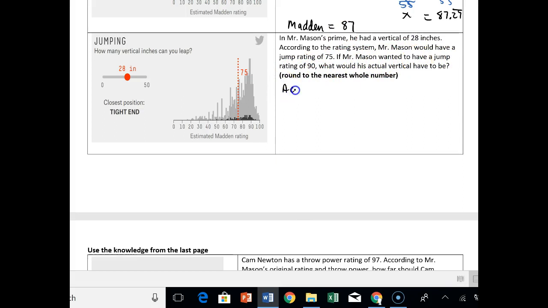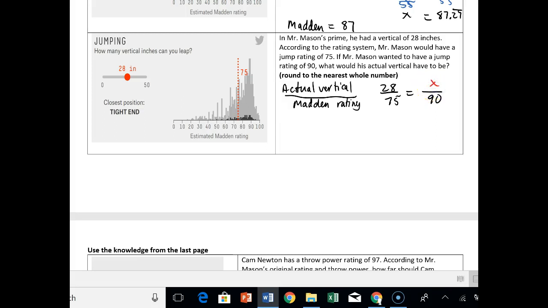So I'm saying my actual vertical, and I'm saying that's proportional to my Madden rating. And so I'm saying in my prime it was 28, and my Madden rating would be 75, so equal to, now let's ask ourselves, if I wanted my rating to be 90, the rating's on the bottom, so that's 90 here, what would my actual have to be?